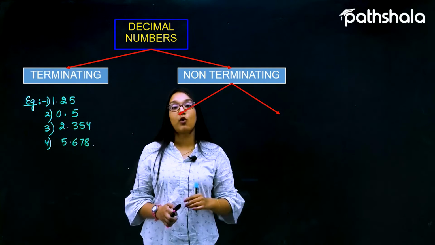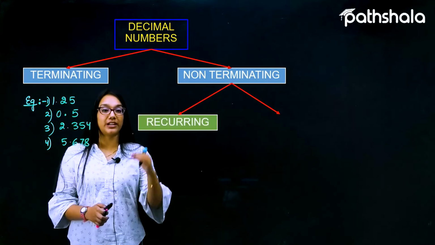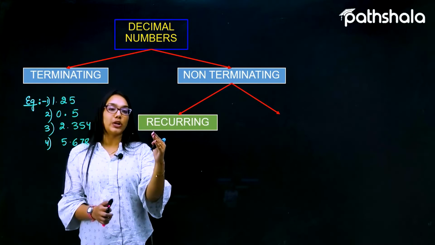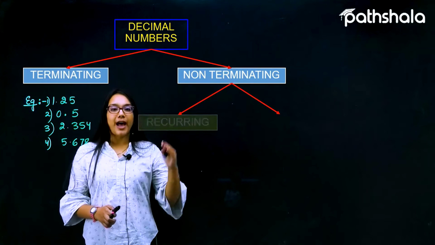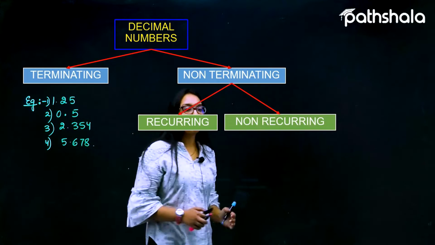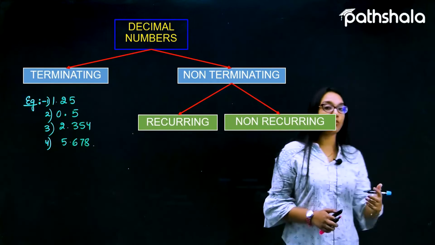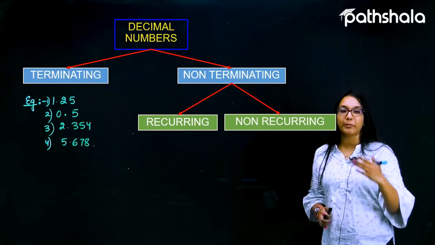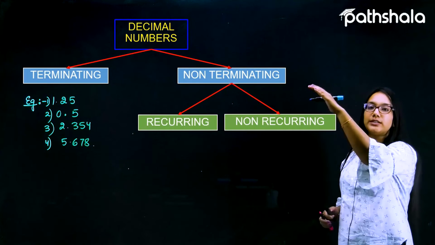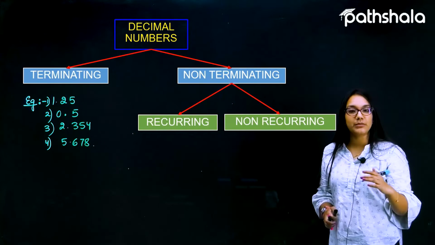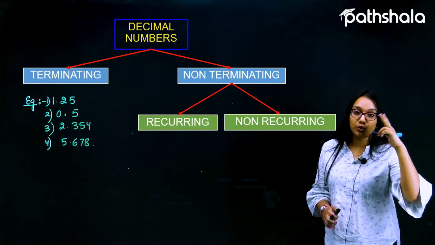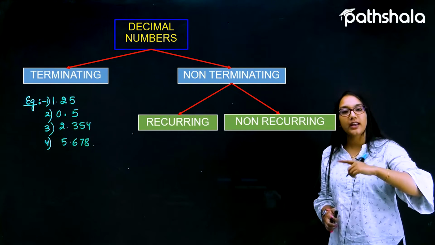The first is recurring, which is also called repeating, and the second is non-recurring, which is also called non-repeating. So the non-terminating decimals are of two basic types: recurring and non-recurring.